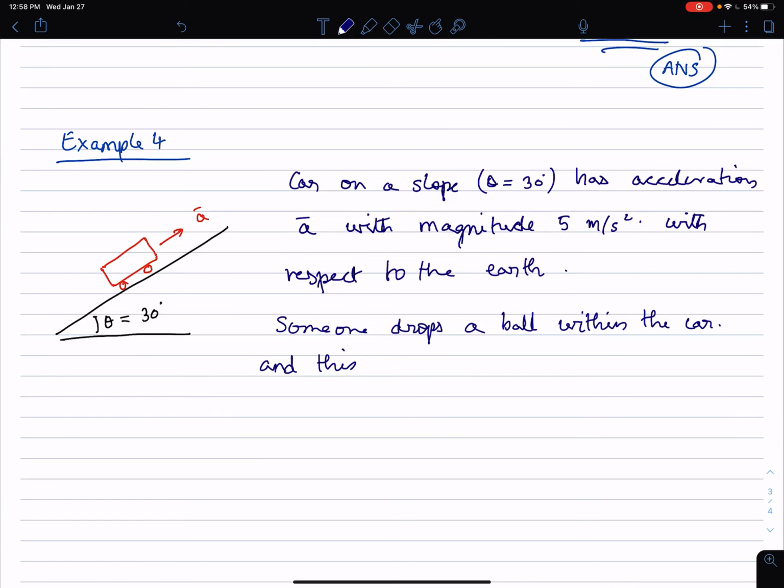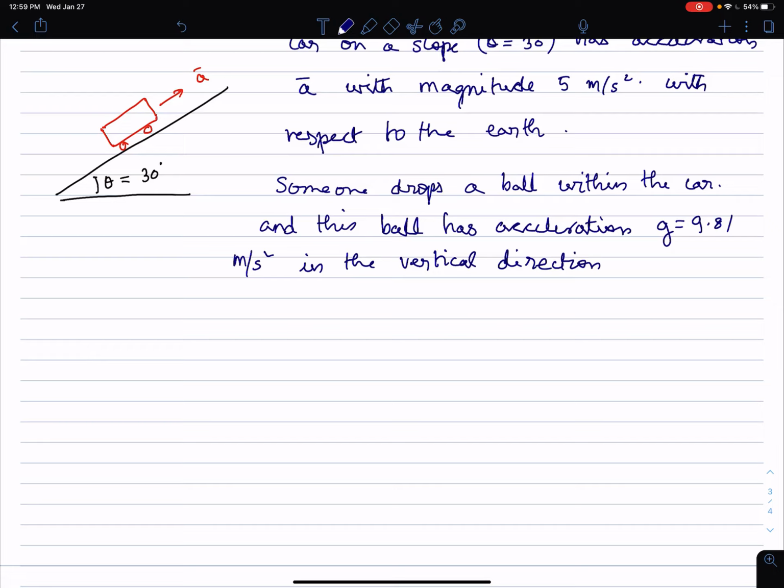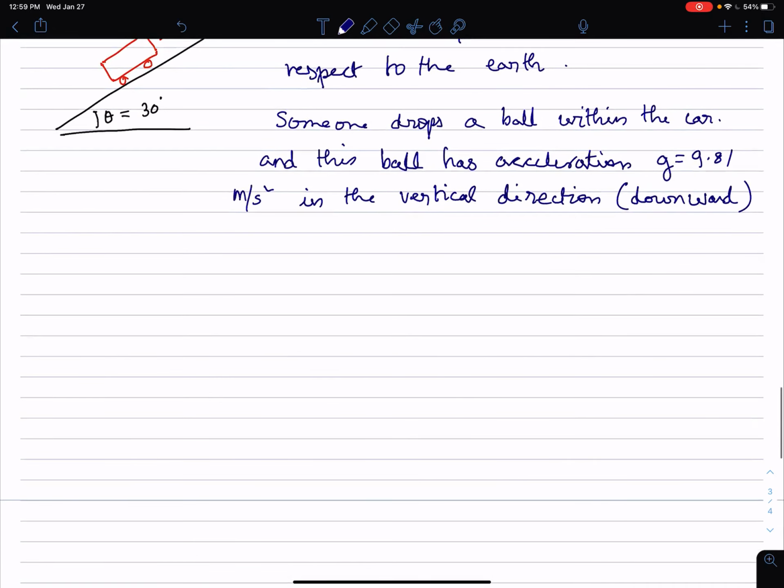And then someone drops a ball within the car, and this ball has acceleration g equals 9.81 meters per second square in the vertical downward direction, right? And this acceleration is not with respect to the car, it's with respect to the ground. Okay, so this is just given to you.